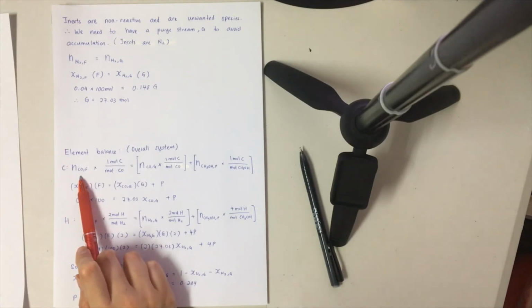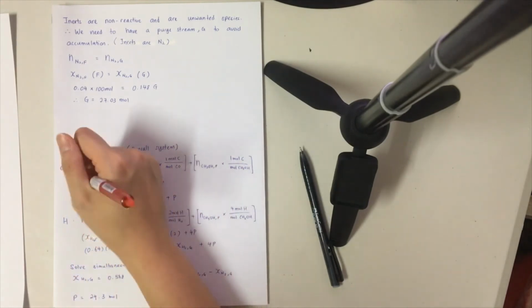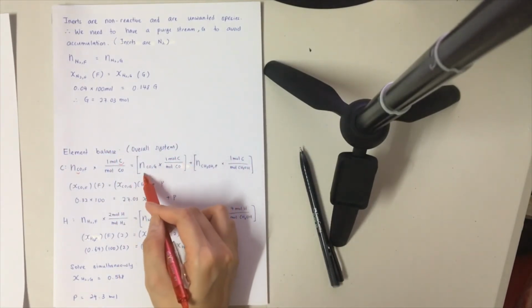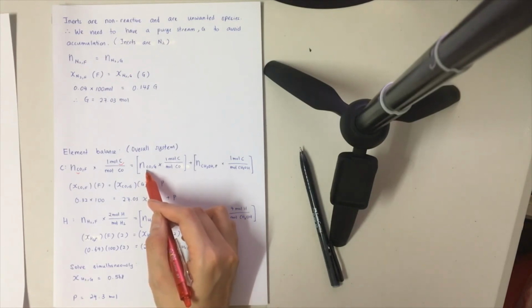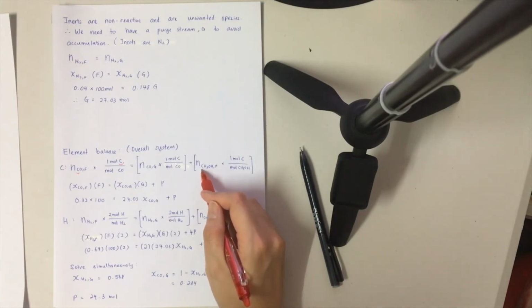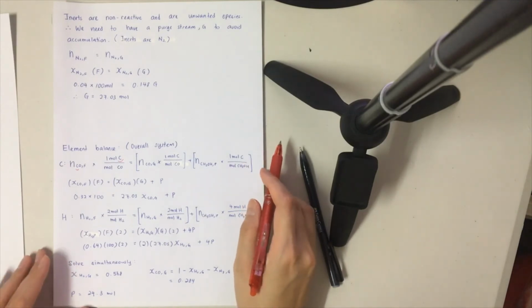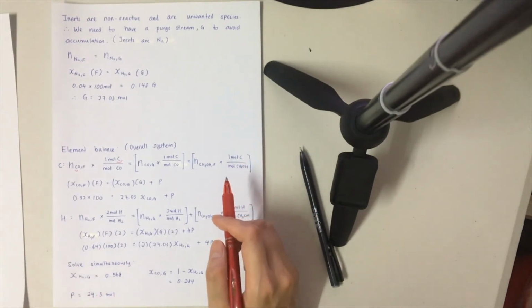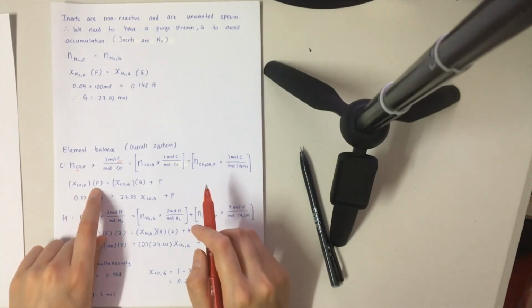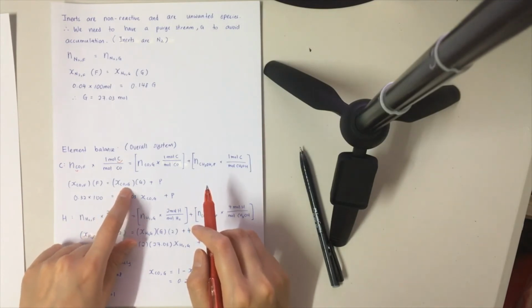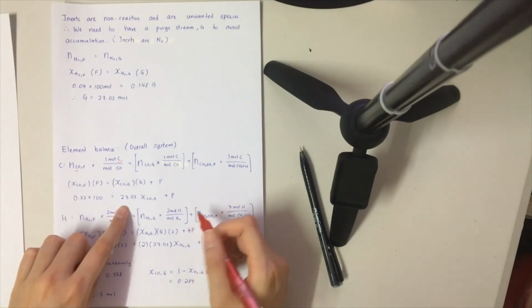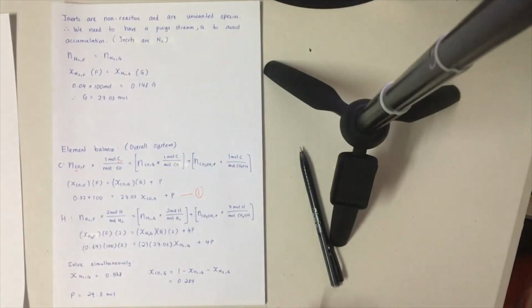For the number of moles of CO in F, in an element balance for C, you only have 1 C per mole of CO. What comes out that contains C is CO in the purge, and in the product stream you have C as well, only 1 mole of C per mole of methanol. So the number of moles of CO in the feed, its fraction multiplied by F, equals the fraction of CO in the G stream multiplied by G, plus P. Put the values in and we have equation 1.